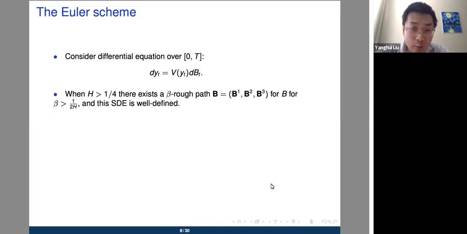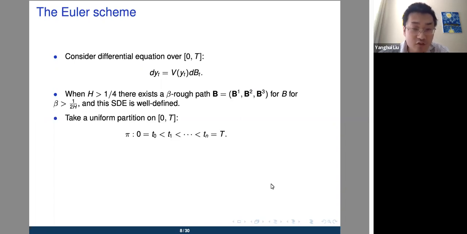Specifying this condition to the fractional Brownian motion, when H is greater than 1/4, there exists a beta rough path for B whenever beta is greater than 1/(2H). And in this case, the SDE is well defined.